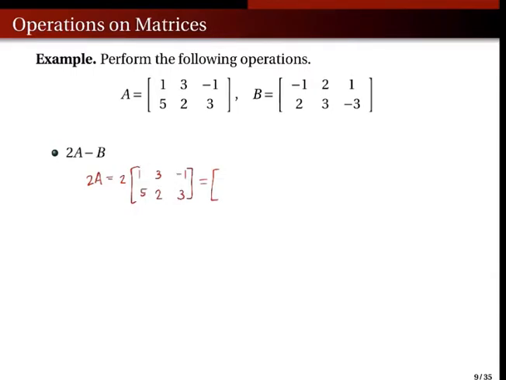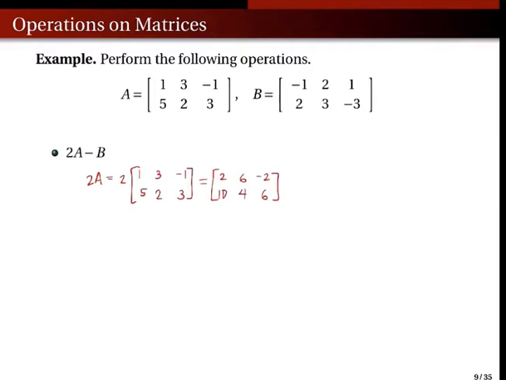So you will have 2 times 1 in the first entry, that's 2. And then 2 times 3, this becomes 6. And then 2 times negative 1, this is negative 2. 2 times 5, that's 10. And then 2 times 2, that's 4. And then 2 times 3, that's 6. So this is your 2A.